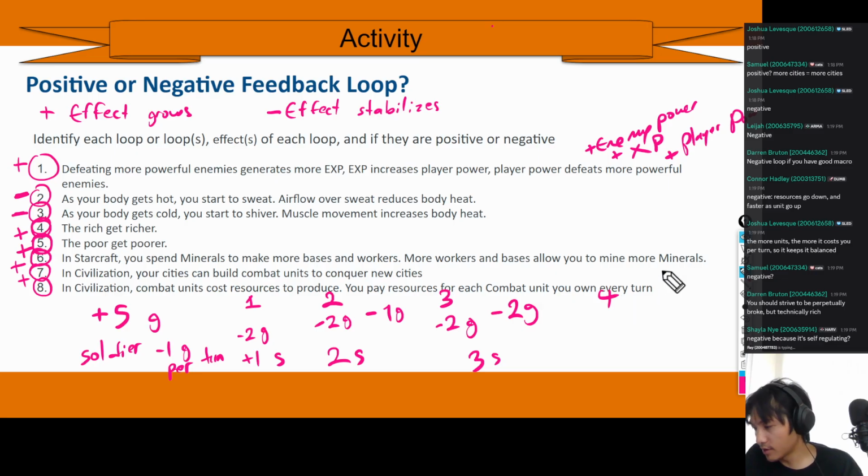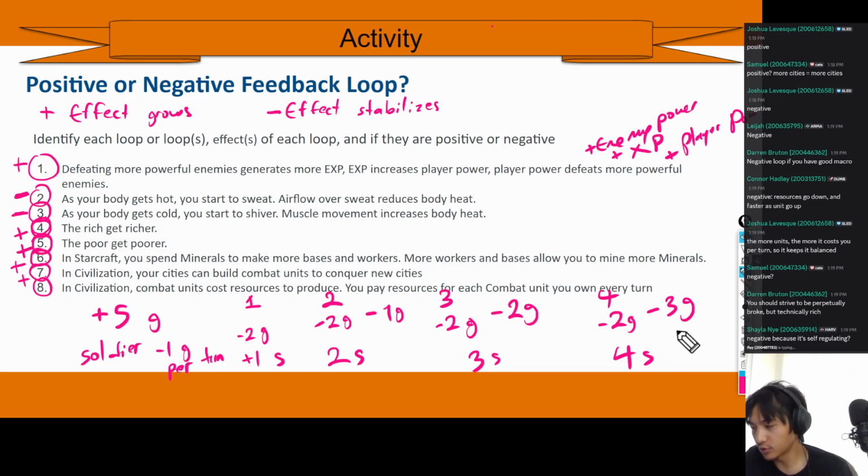But on turn 4, you reach the limit where you're now paying 3 gold per turn. You could build one more soldier, but you're paying 3 gold per turn just for having those soldiers. The next turn, you'll be paying 4 gold per turn.